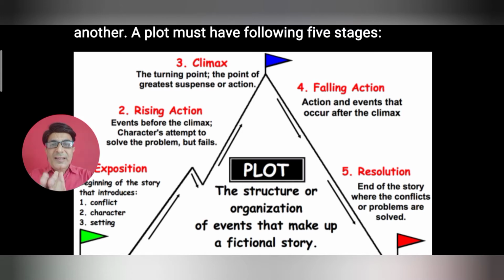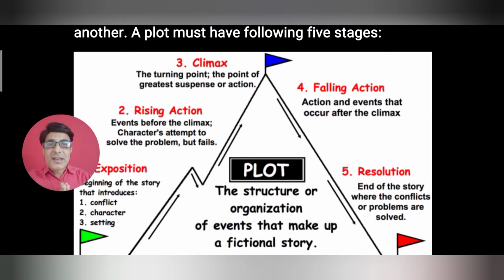A good exposition makes a good novel. Second stage of plot is rising action. This rising action presents before us some problems, some conflicts in the life of the hero.